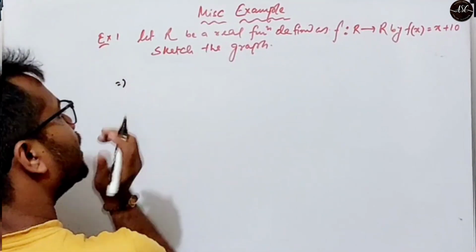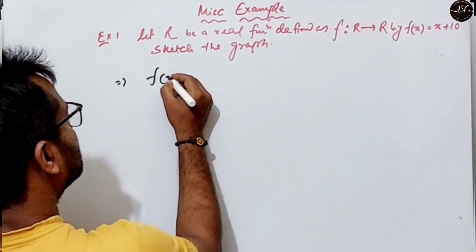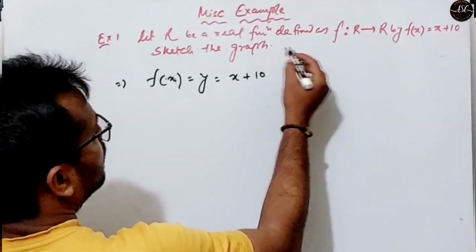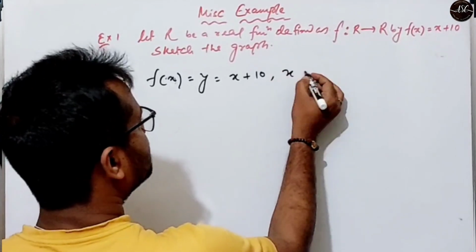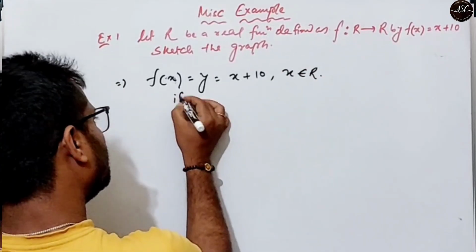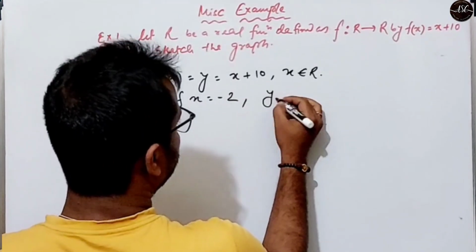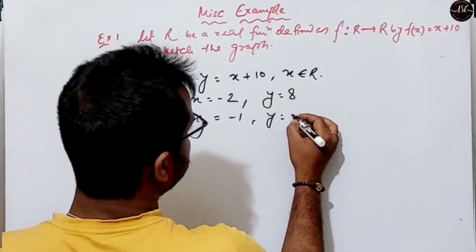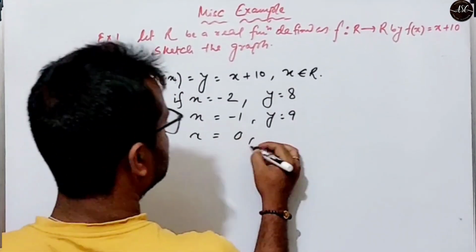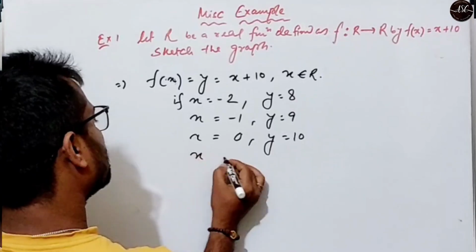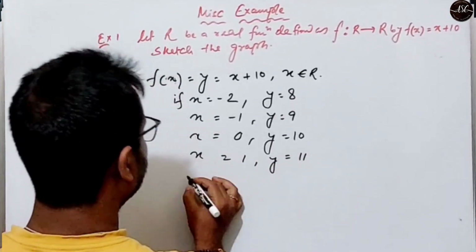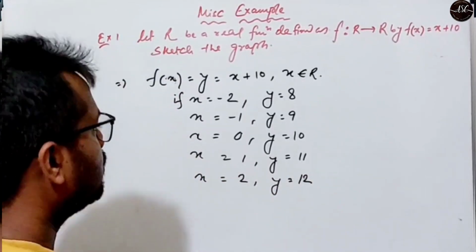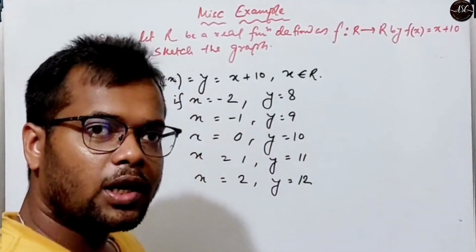So here f(x), that is y equal to x plus 10, where x belongs to R. If we put x equal to minus 2, then y equal to 8; x equal to minus 1, y equal to 9; x equal to 0, y equal to 10; x equal to 1, y equal to 11; x equal to 2, y equal to 12. By these points we can now draw the graph.